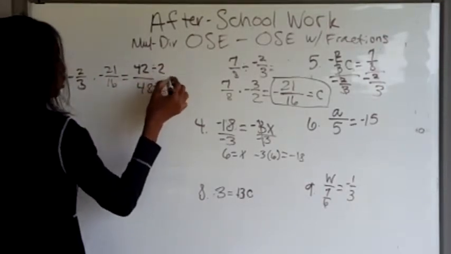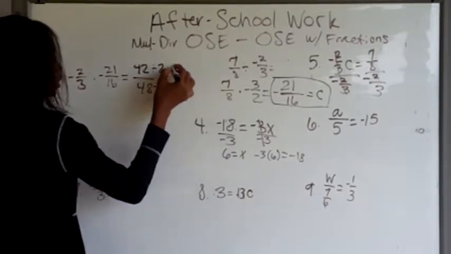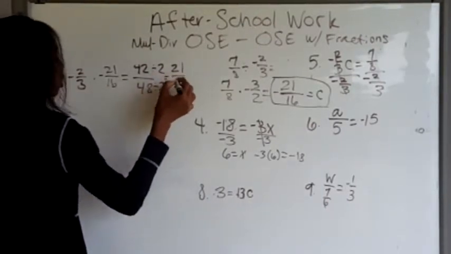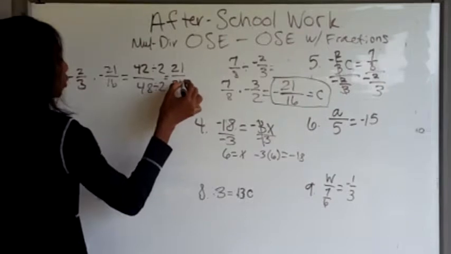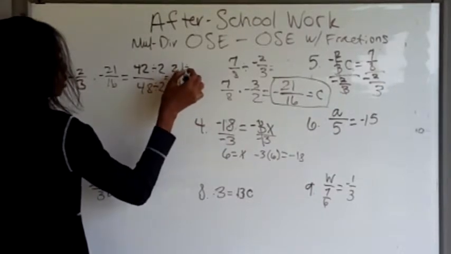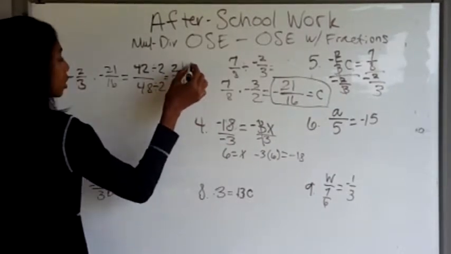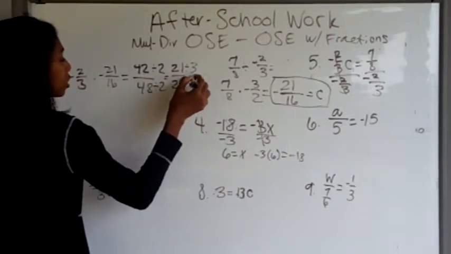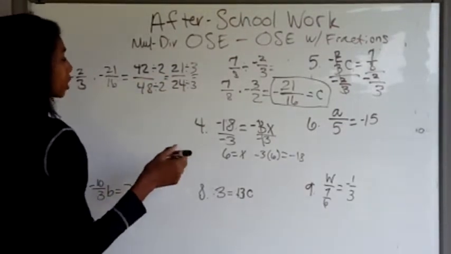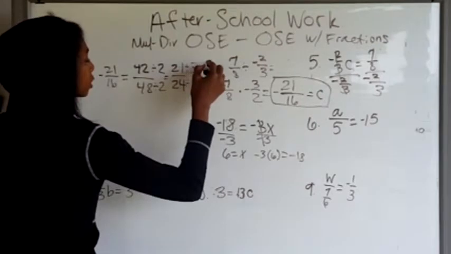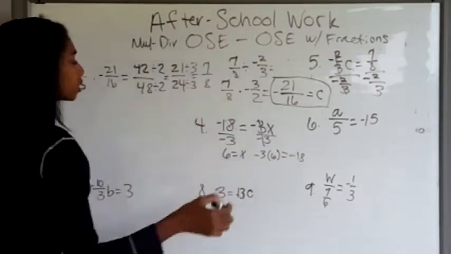I'll just reduce by 2 right there. We reduce by 2, that's gonna be 21 over 24. And then divide by 3. And that's gonna be 7 over 8. So that was correct.